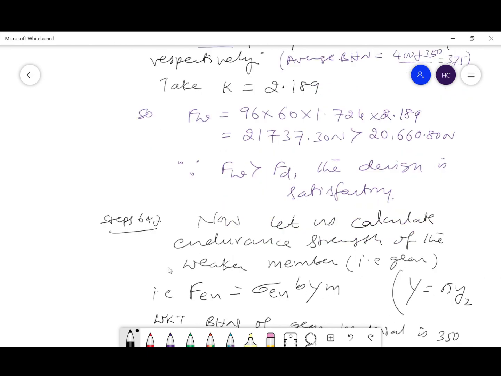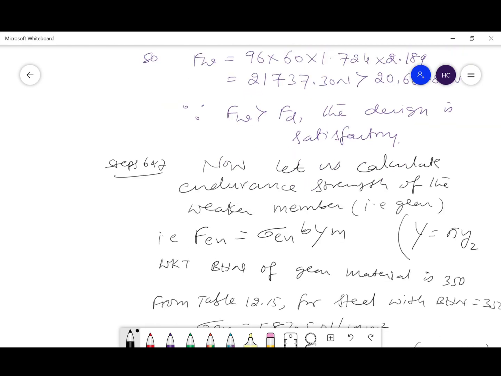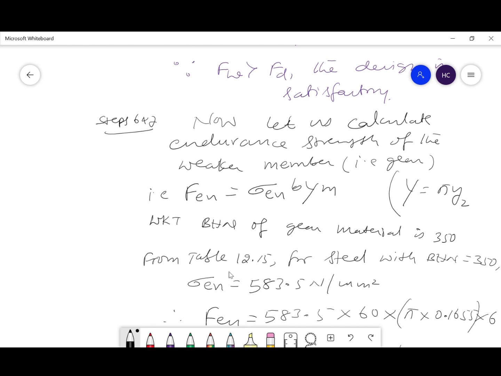Now let us calculate endurance strength of the weaker member, that is gear. Endurance strength FEN is given by FEN is equal to sigma En b Y m. Sigma En is the endurance limit that can be obtained from table 12.15. We know that BHN of gear material is 350.